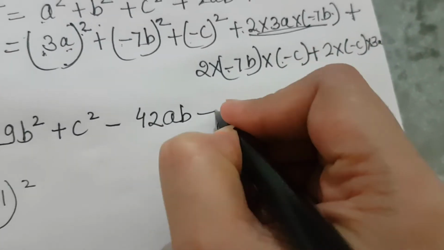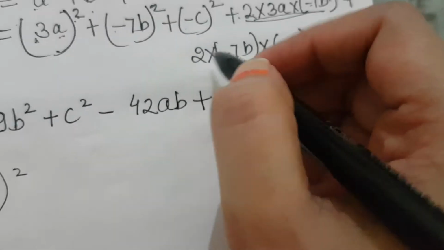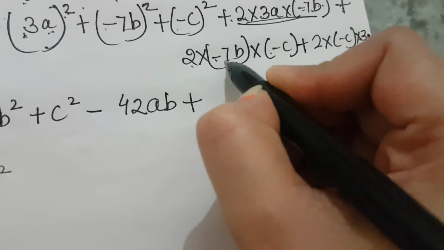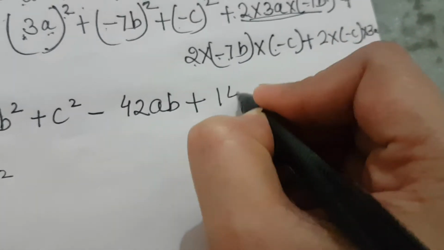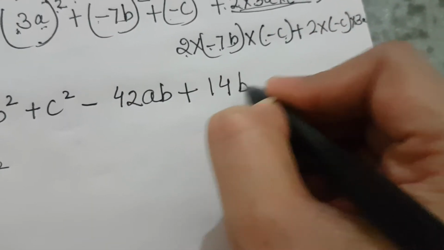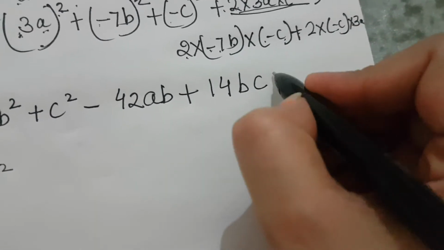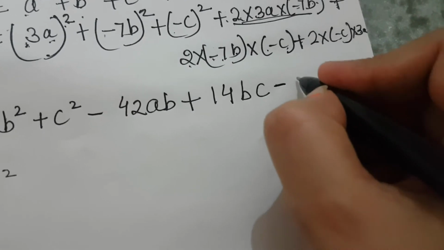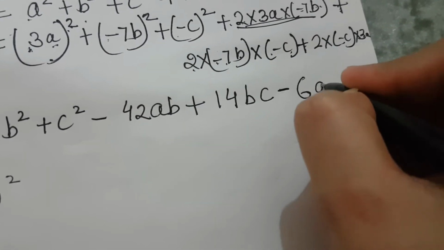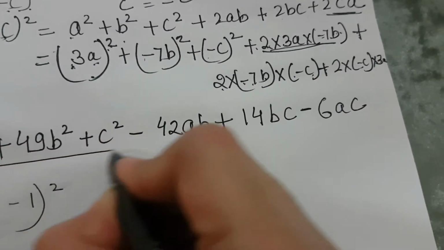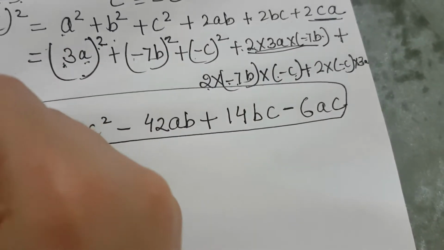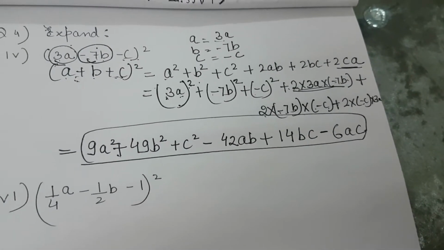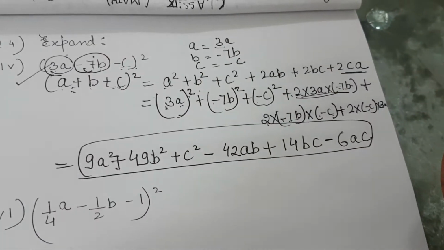Minus minus plus, so here a positive sign will come. Now multiply the constants. 2 into 7 is 14, that's it, 14bc. Now here plus minus minus signs, and then constants. 2 into 3 is 6, c and a, so ac. So this is the answer, the expansion form of this identity.